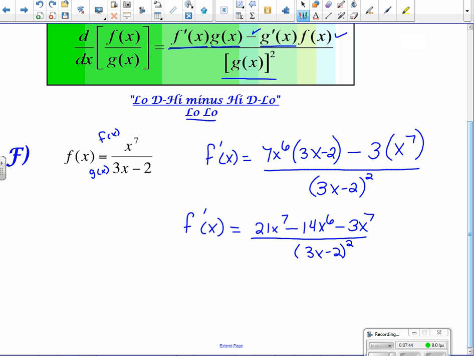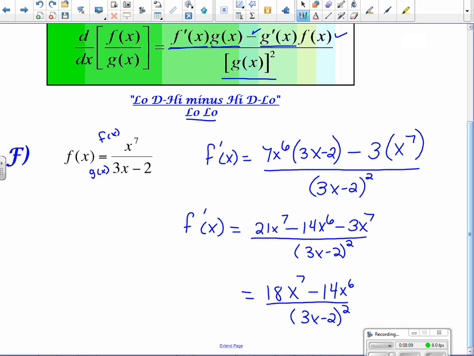Sometimes you can get some cancellations to happen. It looks like we have one more step of simplification. I've got x to the 7th and x to the 7th on top, so 21 minus 3 gives us 18x to the 7th minus 14x to the 6th, and then over our bottom, squared.